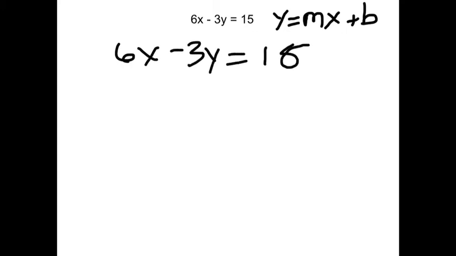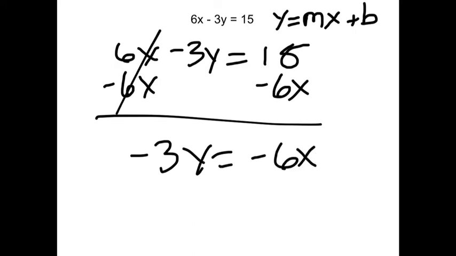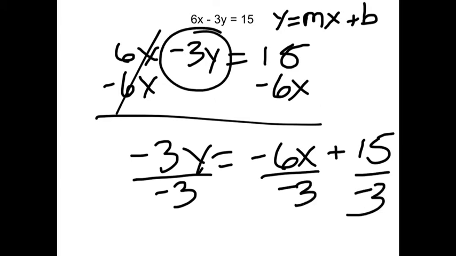So I'm going to go ahead and subtract 6x because I want to get y by itself. I'm going to get negative 3y equals negative 6x, and even though that looks like an 18 or a blob, it's really plus 15. And then I need to get y by itself, so I'm going to divide everything by negative 3, and the reason the 3 is negative is because there's a minus sign in front of the 3y, making the 3 negative.